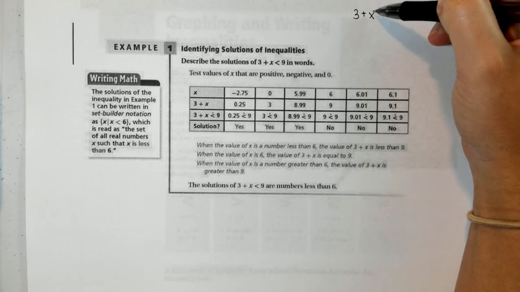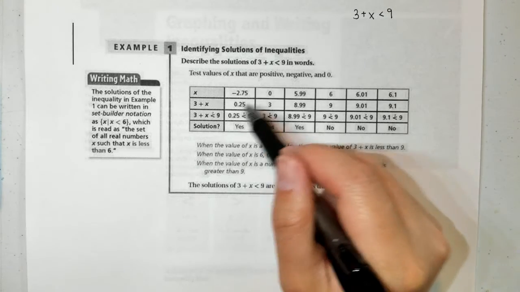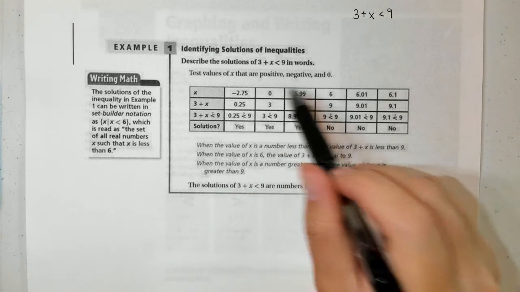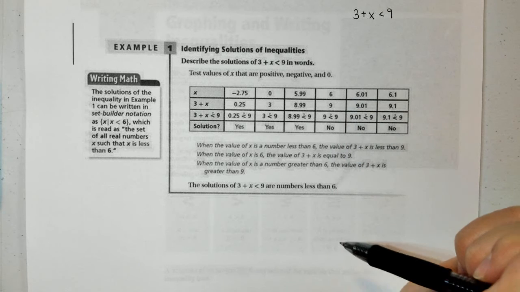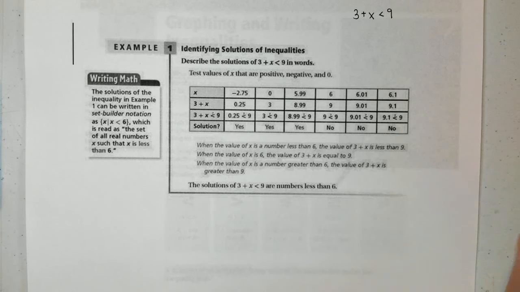So we have to find what values for x work. Here you can test out some different numbers and see what works. They tried a negative number, 0, positive number, and some other positive numbers as well to see what actually satisfies this inequality, makes it true.